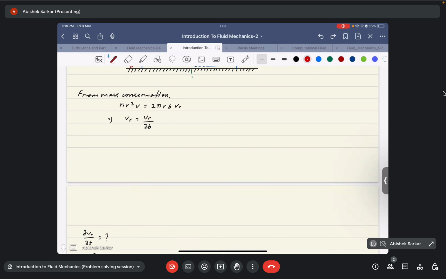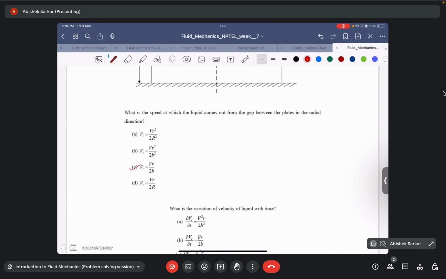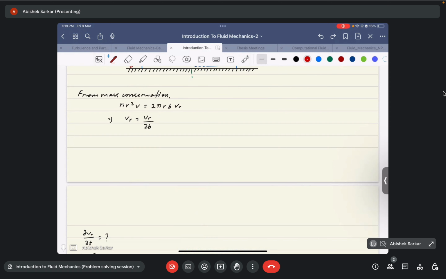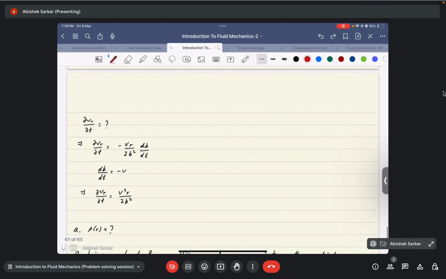Now let us go back to the question. What is the variation of velocity with time? So we need to find dou vr by dou t. Again it's very simple, just take the derivative of the velocity field along the radial direction, because we already found vr. So dou vr by dou t would be equal to minus vr by 2b square dB by dt. Why?